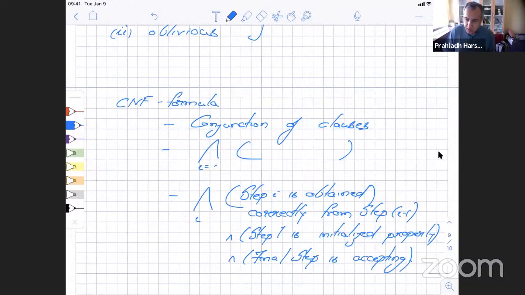The point is, each step, what does each step depend on? Each step depends on what the head is seeing, only that local view of the head. So to say step I is obtained from step I minus 1, that involves only a constant number of variables, and this particular thing can be written as a function which depends only on a constant number of variables, and potentially I can write it as a CNF formula.